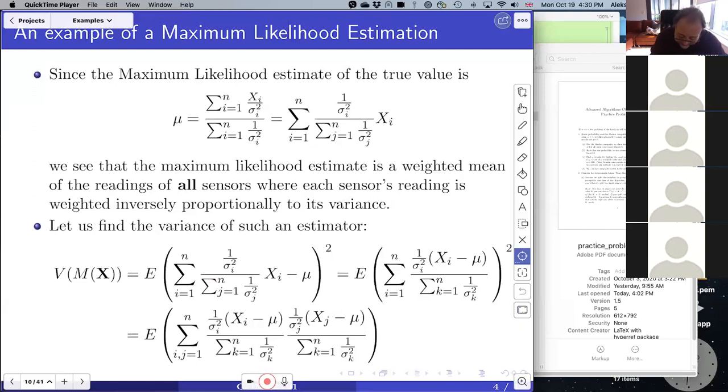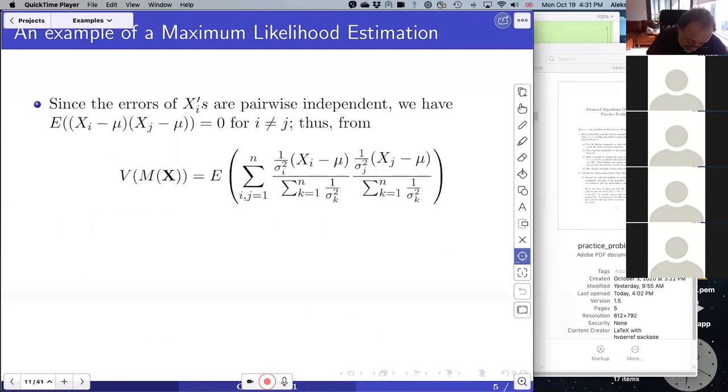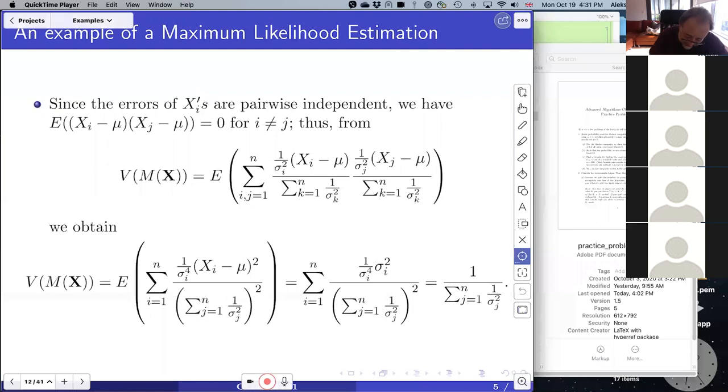All the different i and j terms disappear, and the only thing that remains is when i is equal to j, in which case this will be squared, and this variance, with standard deviation, will be taken to the 4th power. And of course, we have to square the denominator. And lo and behold, from this we can conclude, when they are different, they are gone, the expected value is 0.